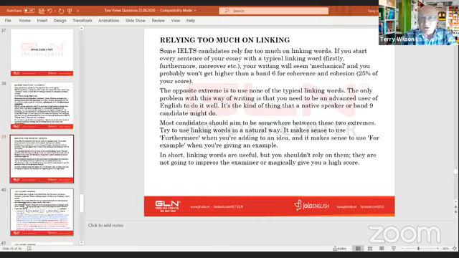So the opposite extreme is to use none of the typical linking words. The only problem with this way of writing is that you need to be an advanced user of English to do it well. It's the kind of thing that a native speaker like me or a Band 9 candidate might do.